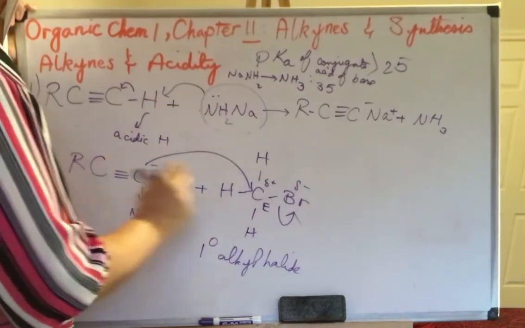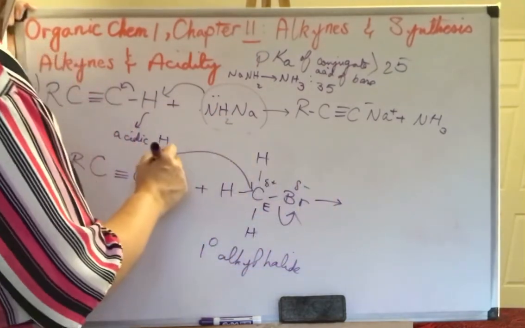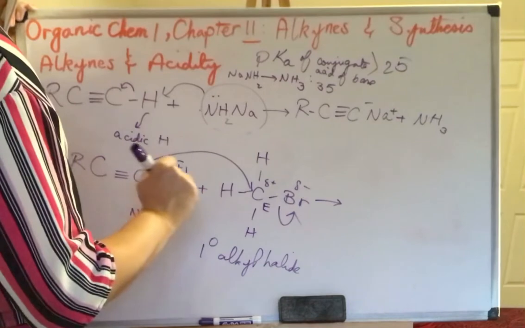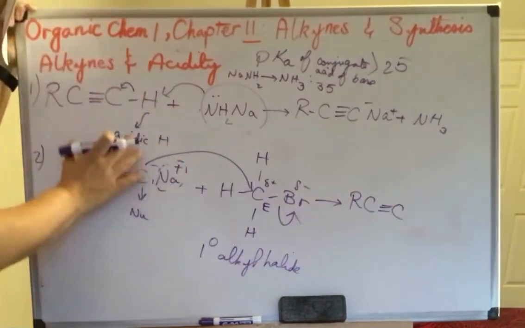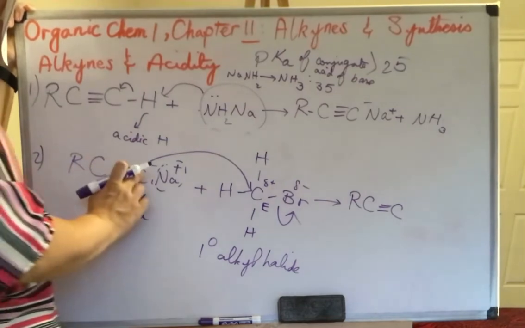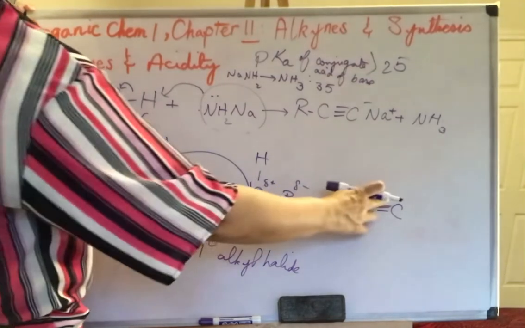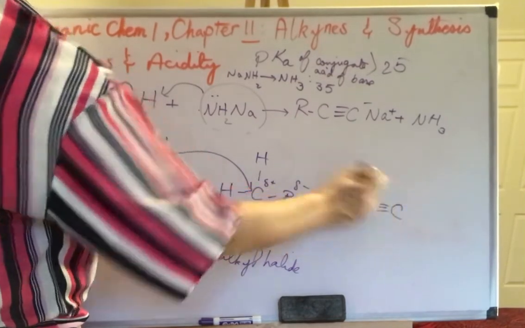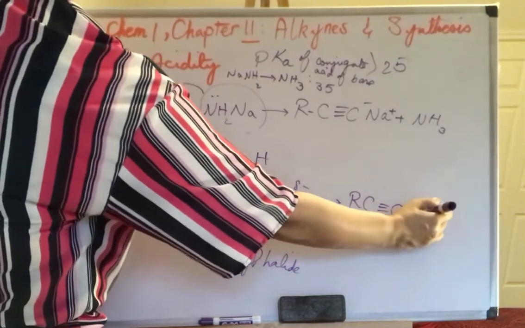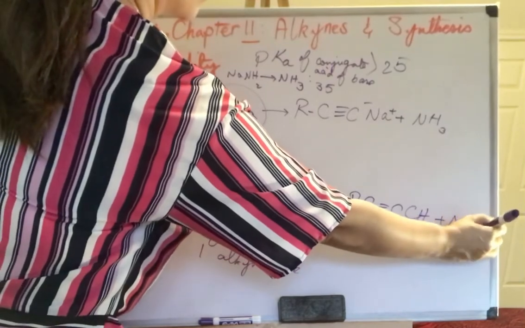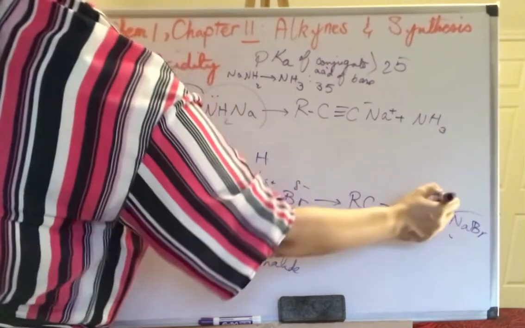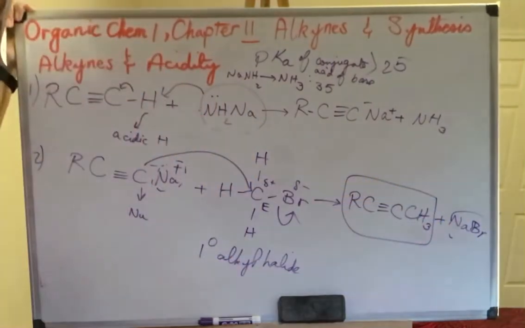Bromine acts as the leaving group, and this is going to react with Br. So we will have R C triple bond, this side from the alkyne. This carbon is going to connect to this carbon. So what do you have on this side? CH3 plus NaBr. We don't care about these products, but what is important for us is this major product.